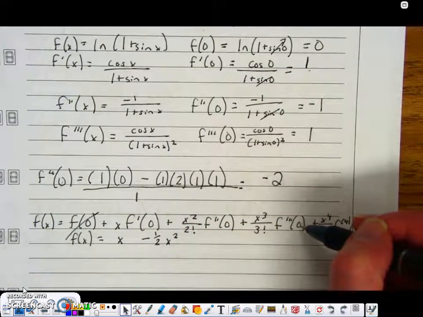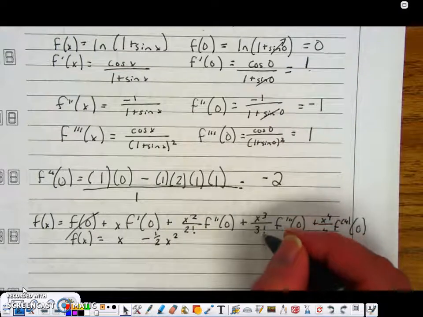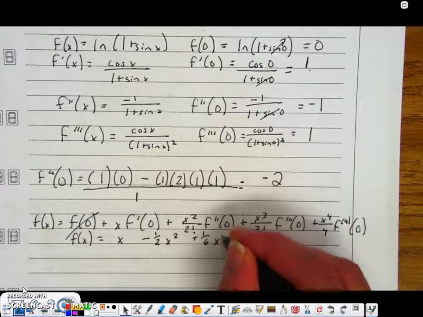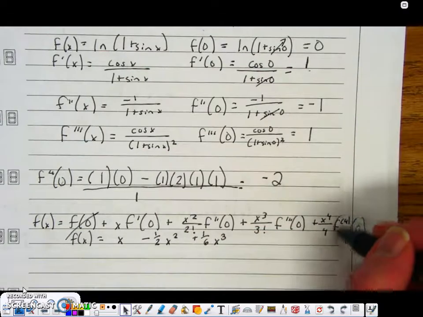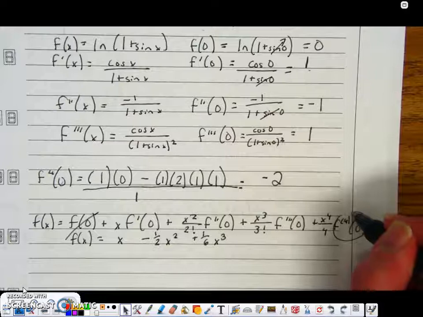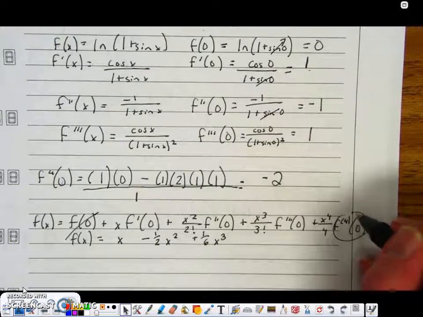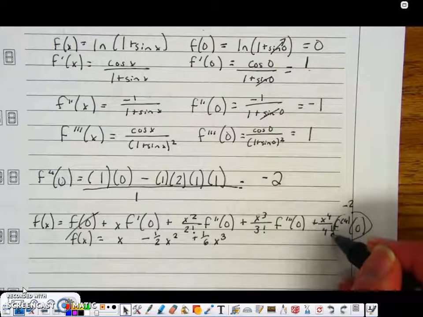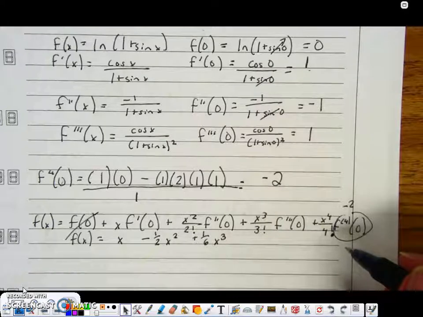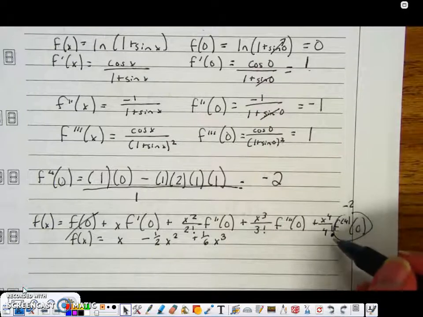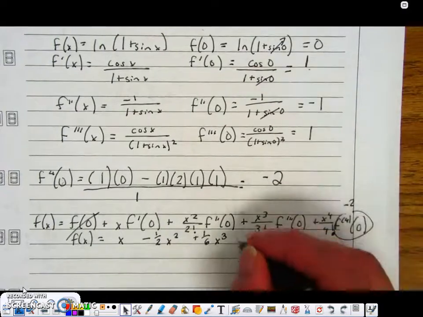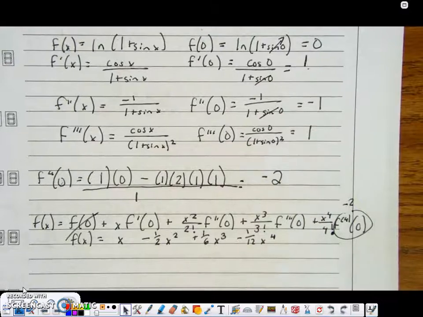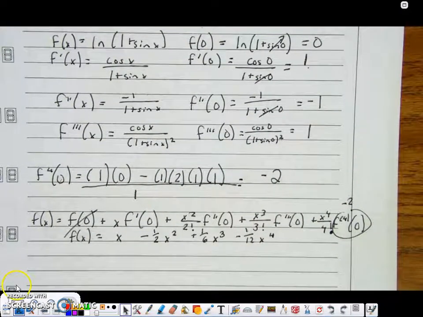F triple prime was 1, and 3 factorial is 6, so this is plus 1/6 x cubed. The fourth derivative evaluated at 0 is negative 2. Remember that's 4 factorial, so 4 times 3 is 12, times 2 is 24. So you'd have negative 2 over 24, so negative 1/12 x to the 4th. Okay, and that is your Maclaurin series up to the 4th power.